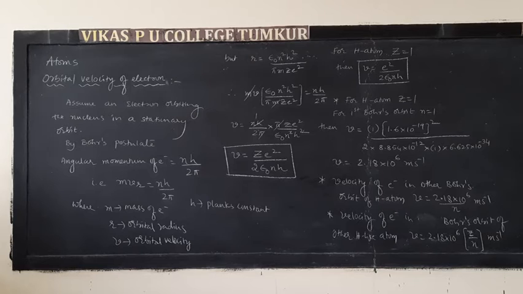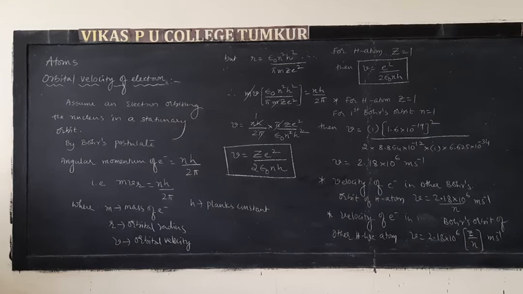Similarly, if you select lithium atom, which is doubly ionized, that is a hydrogen-like atom. What is the atomic number for lithium? You all know it is 3. And for third Bohr orbit, n is 3. So what is Z by n? 3 by 3, that is 1. 1 multiplied by 2.18 into 10 power 6 is again 2.18 into 10 power 6.